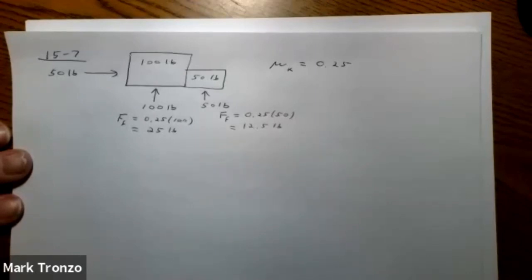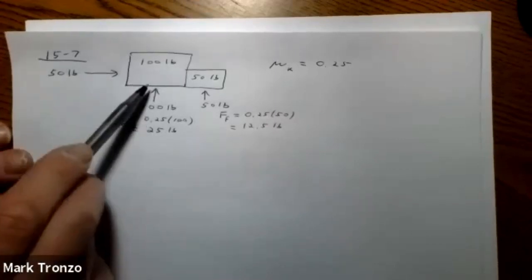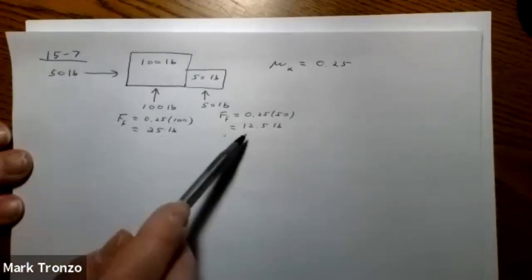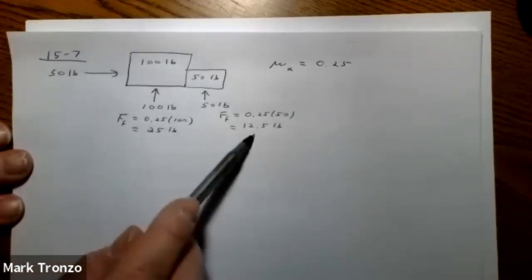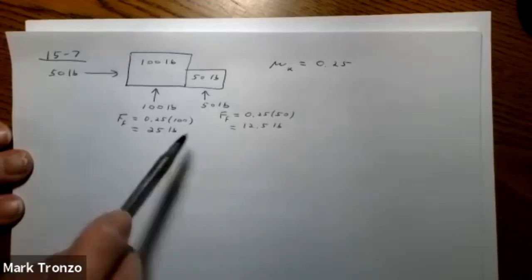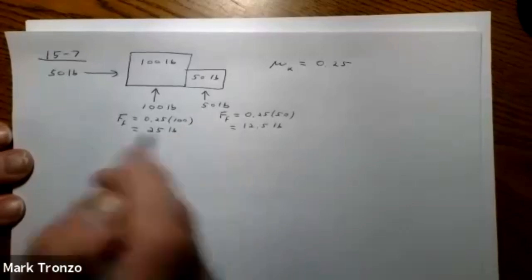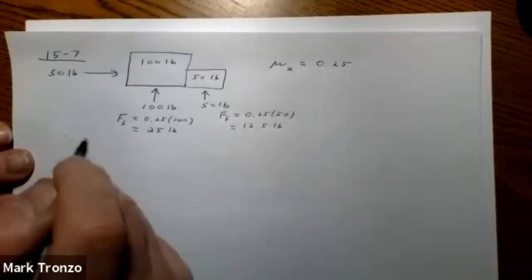And they don't tell us the static friction, so I guess they're assuming it's going to start right away. You can see the force applied is going to be greater at least than the force due to the kinetic coefficient. So we have to assume it's just going to start from rest since they don't give us the static one.